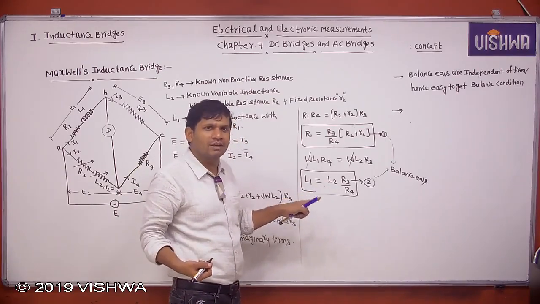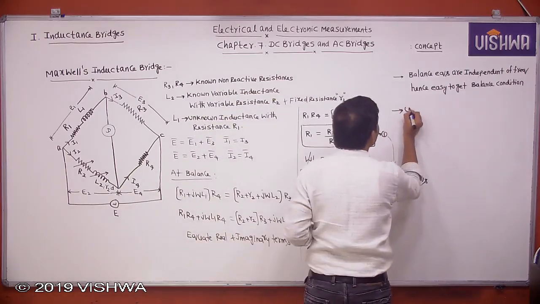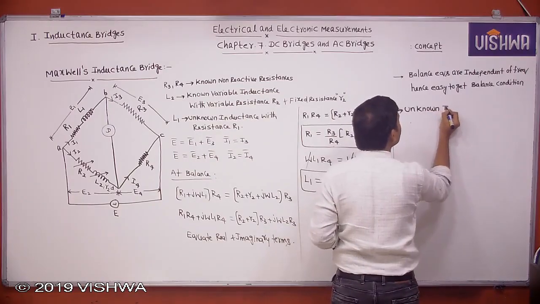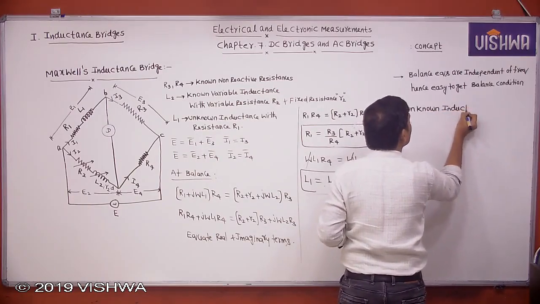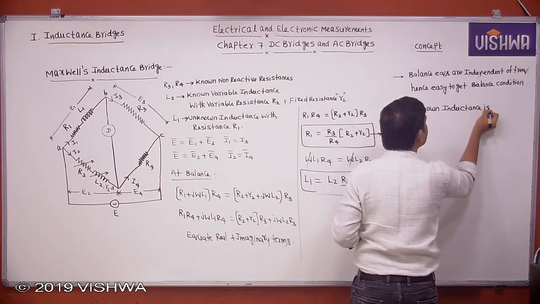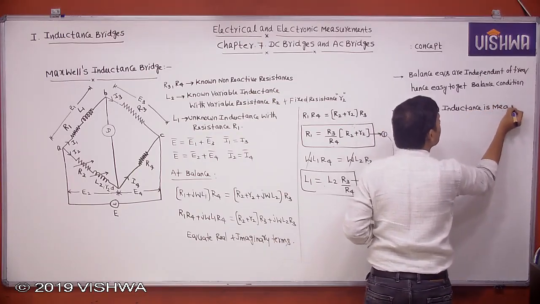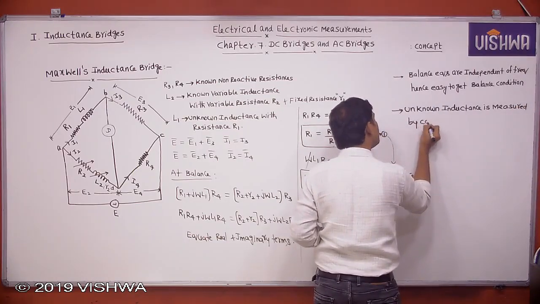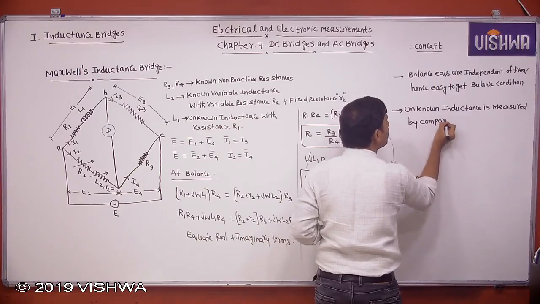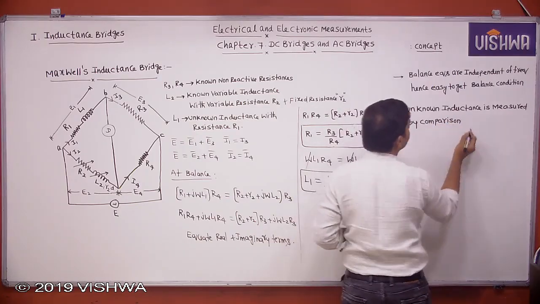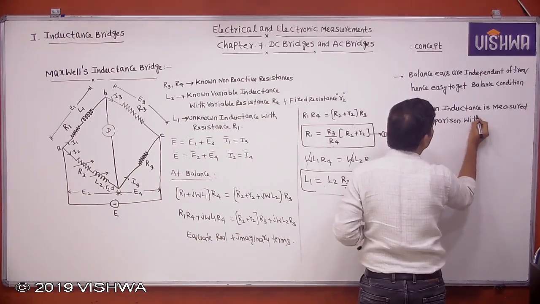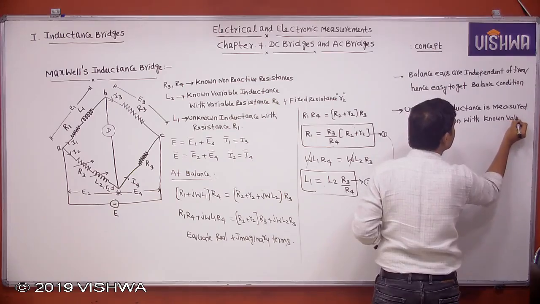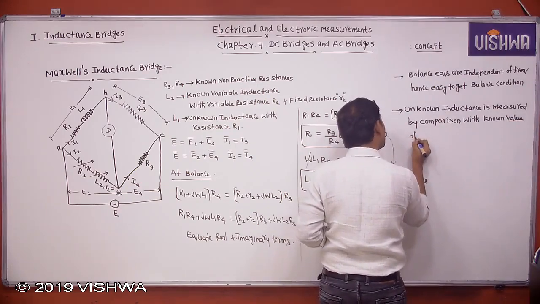That is, the unknown inductance is measured by comparison with a known value of variable inductance.